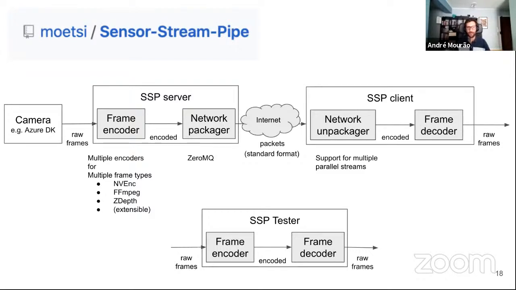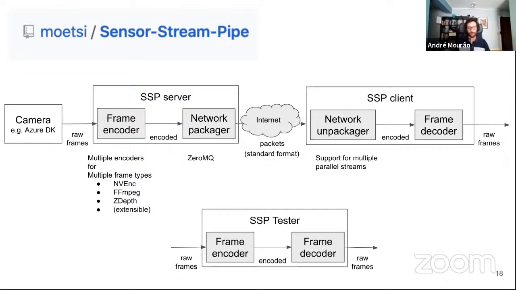On the other side, the network unpackager, running on your processing server, supports multiple parallel streams. So you can have multiple SSP servers, in this case multiple devices, sending packages over the internet, and ZeroMQ and SSP will take care of unpackaging, getting the encoded frame data out of these network packages, but also of scheduling.